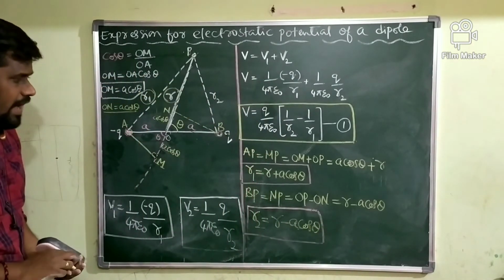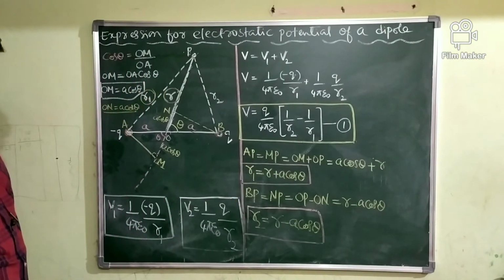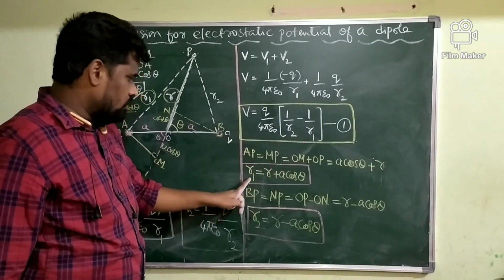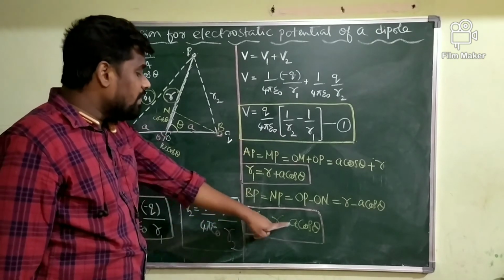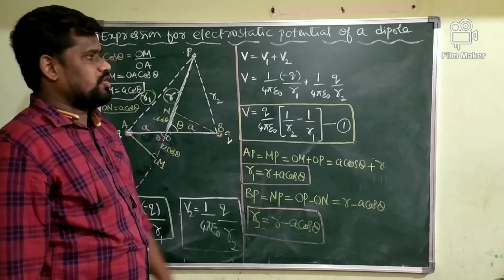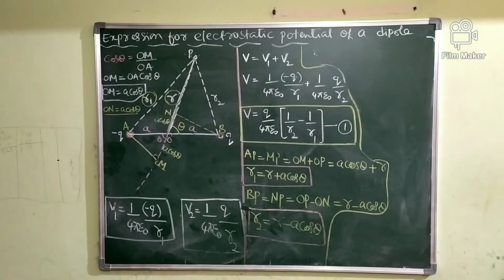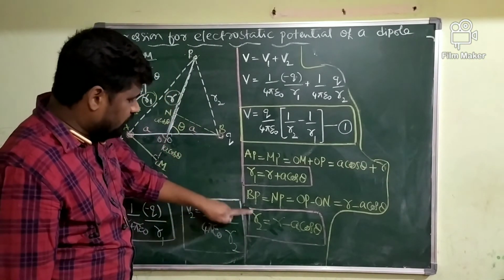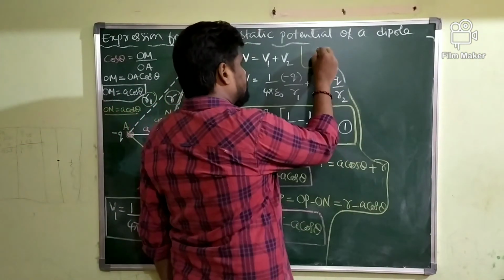Now we got the value of R1 and the value of R2. I am substituting R1 value, that is R plus A cos theta, and R2 value, that is R minus A cos theta, in equation number 1. What is equation number 1?